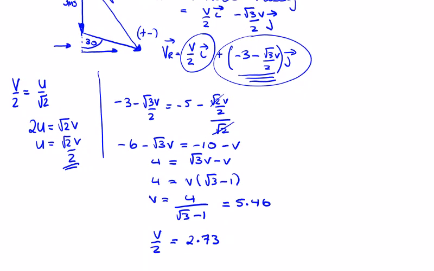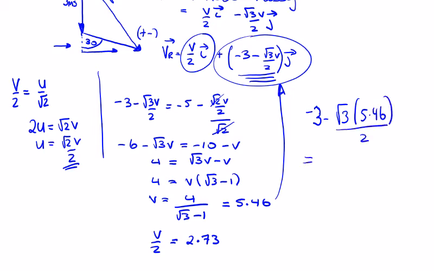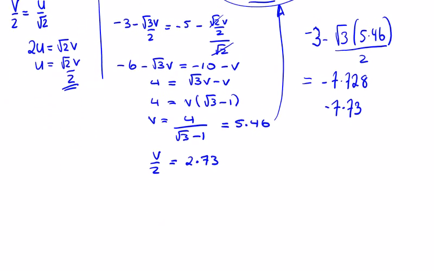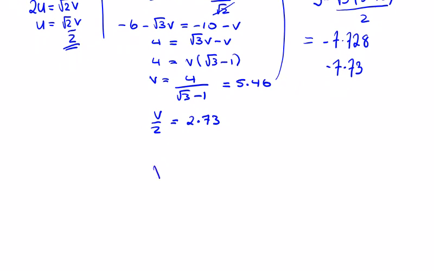So when we put our v into this, we're going to get minus 3 minus root 3 by 5.46, just that section of it divided by 2. If I type that into my calculator, it's coming up as minus 7.728. So we take minus 7.73.